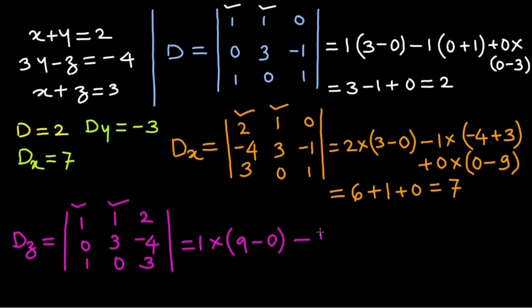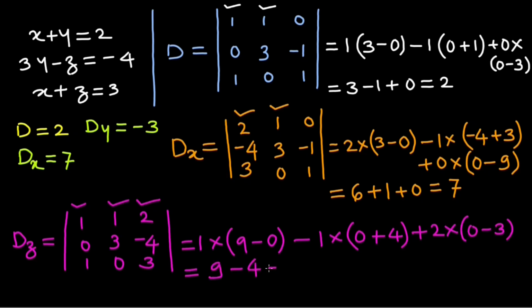Second element 1 multiplied by its minor, which will be 0 plus 4, then plus sign. Then the third element 2 multiplied by its minor, which is 0 minus 3. It will be 9 minus 4 minus 6, which will be 9 minus 10, which is -1. So the value of Dz is -1.